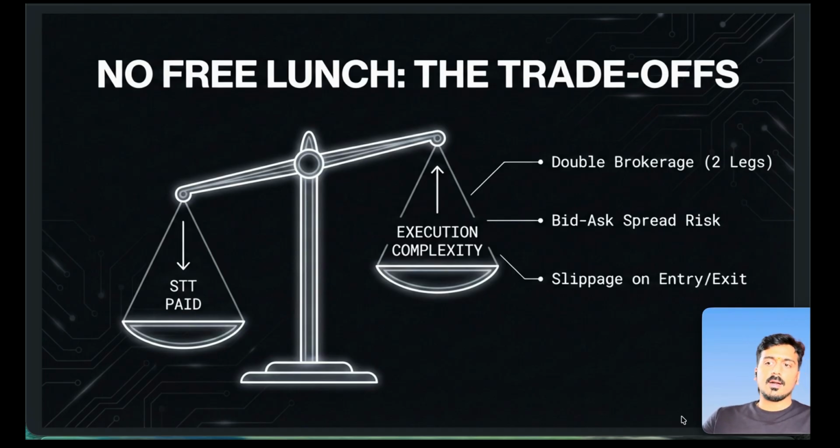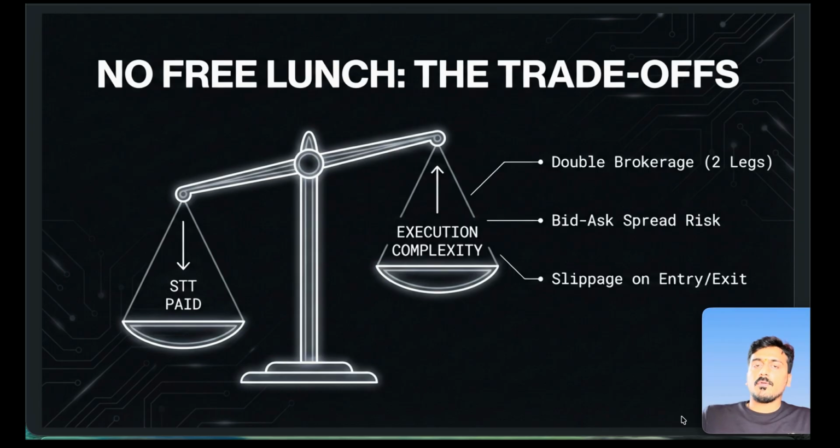If you ask me, are there no drawbacks from doing this synthetic futures? There definitely are. STT is going down, that's definitely yes. But since you are adding multiple positions like buy call, sell put, and if you want to hedge, you are doing all these three legs. So this is going to increase the brokerage. It is minimal, but still it is going to increase the brokerage and the bid-ask spread. If you know the bid-ask spread, it is a little tighter in the indices.